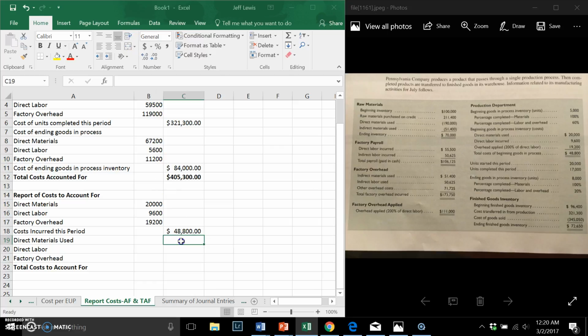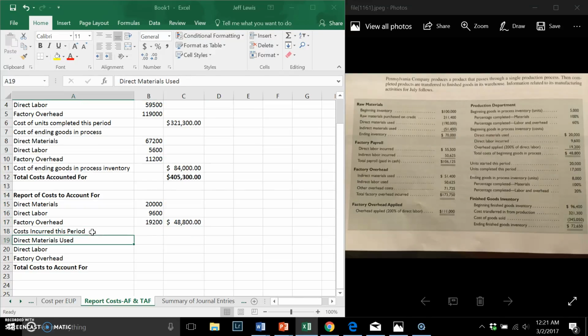And then we're going to do direct material. The next part is costs incurred this period.